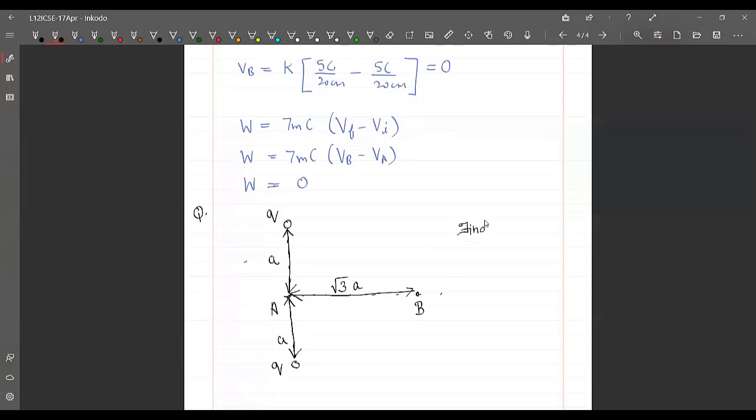Then you have to find work done in moving charge Q naught from A to B.